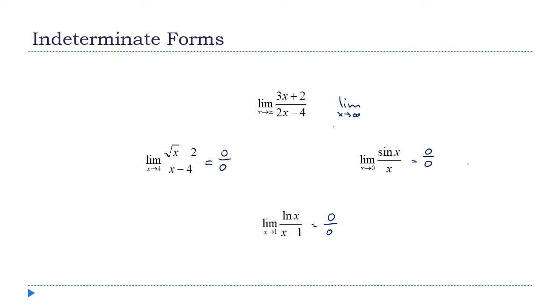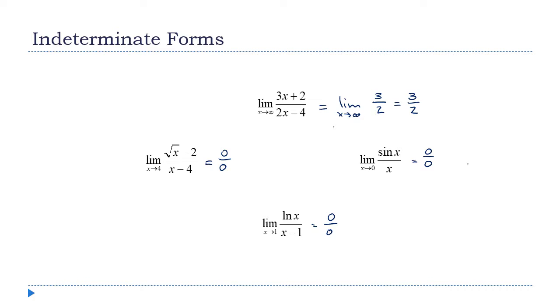The derivative of 3x plus 2 is 3. And the derivative of the denominator is 2, and since there are no variables in there, the limit of a constant is just the constant. That was the same number we got by the methods we developed for the limit of a rational expression. So this is going to be our rule.